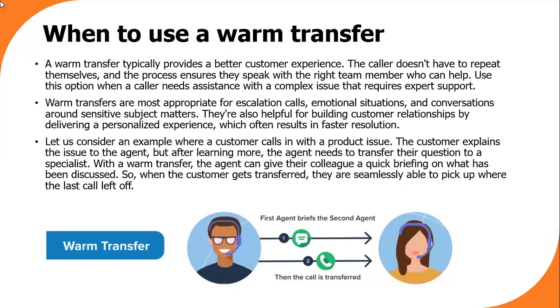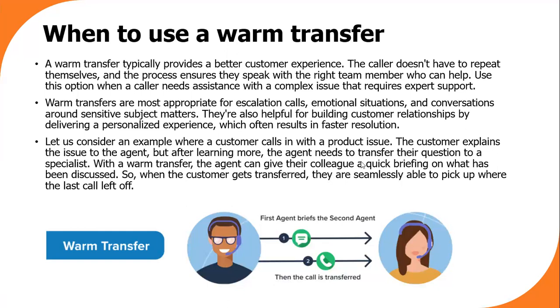Also, when the situation is a bit emotional, again, the customer is getting angry, their emotions are getting more and more intense, so you would warm transfer the call, okay? Also, when we want to deliver a more personalized experience, so that the customer doesn't have to repeat again and again what they need, right?